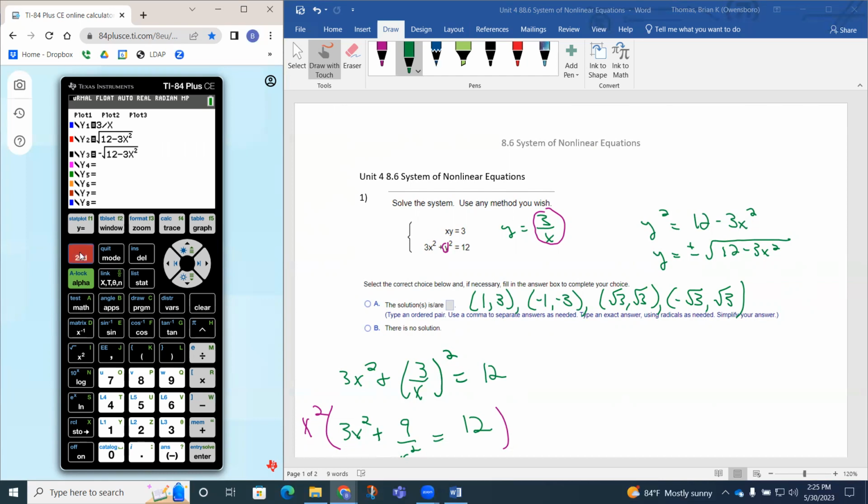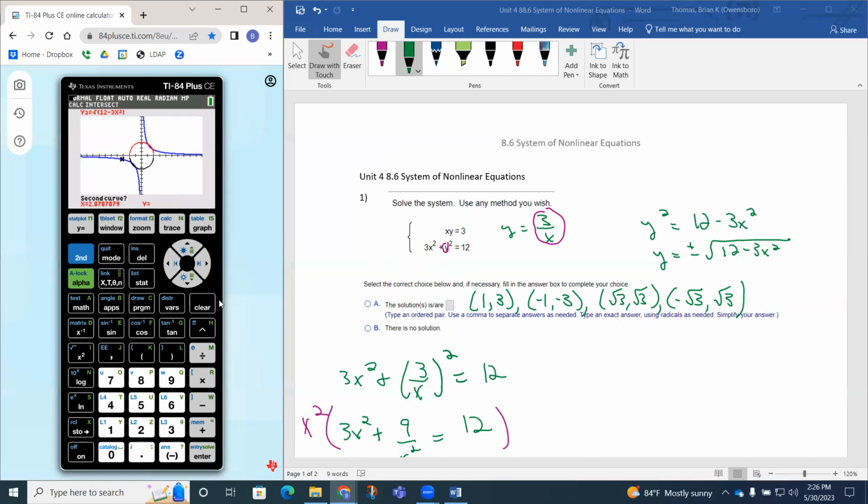So if I go back to my graph, if we could go to second calculate, I wonder if we can find some zeros or some intersection points. Number 5. So first curve. Okay, we're going to be on this one. So if I hit enter, go to the second curve, which is going to be the black one.